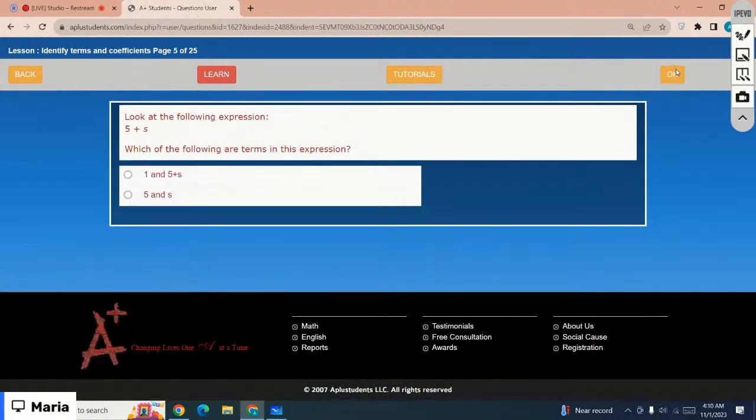Look at the following expression. Which of the following are terms in the expression? The correct option is 5 and S. They both are the terms.